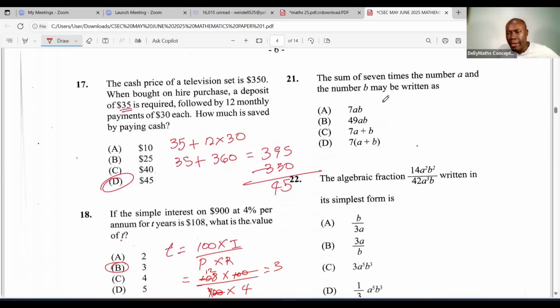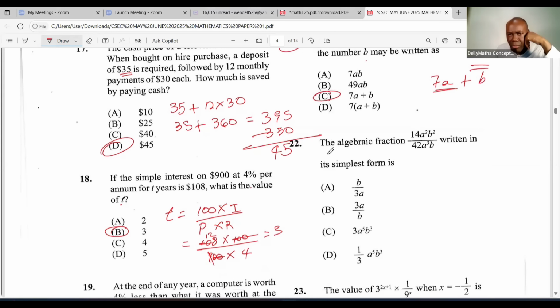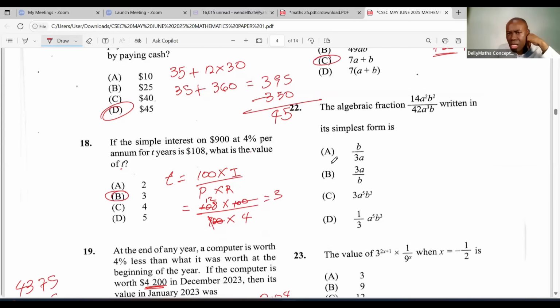All right, so we're at 21. It says the sum of 7 times the number A and the number B will be. So watch this. The sum of 7 times the number A with the number B. This is my answer right here, the algebraic expression written in the simplest form.